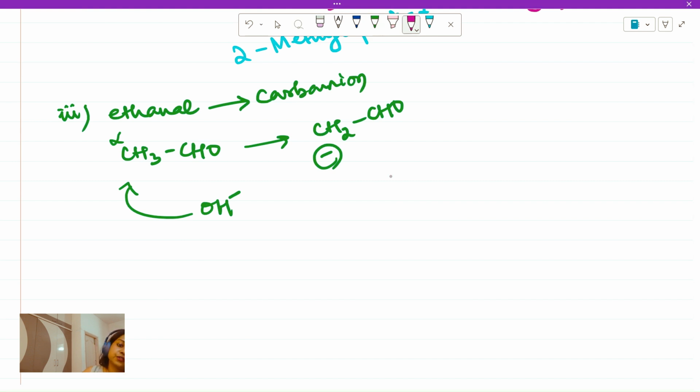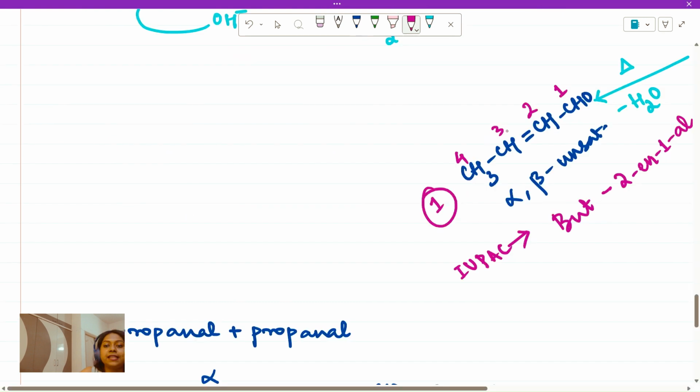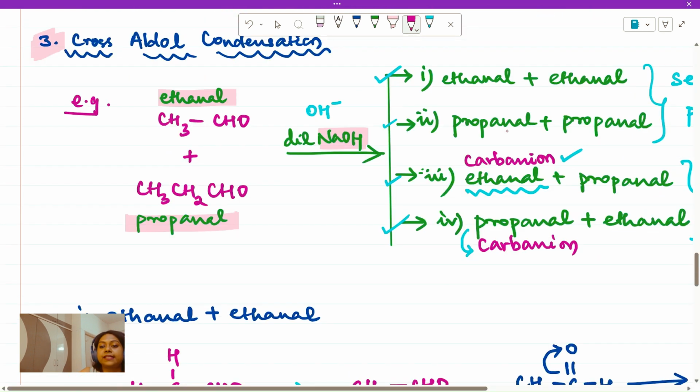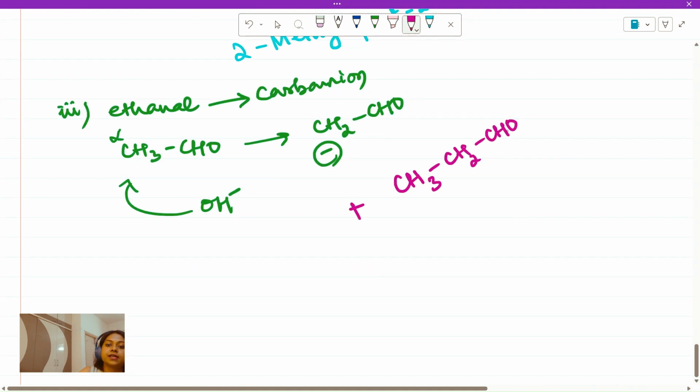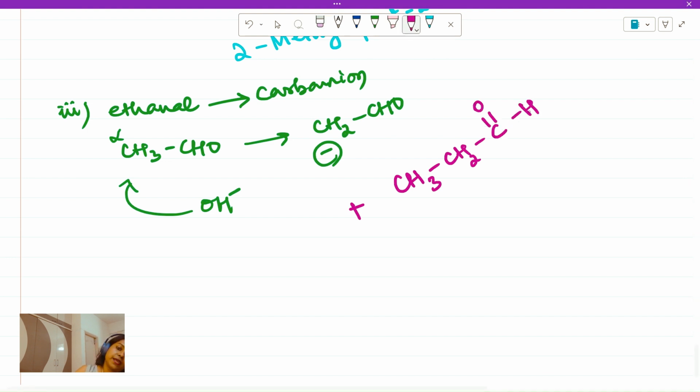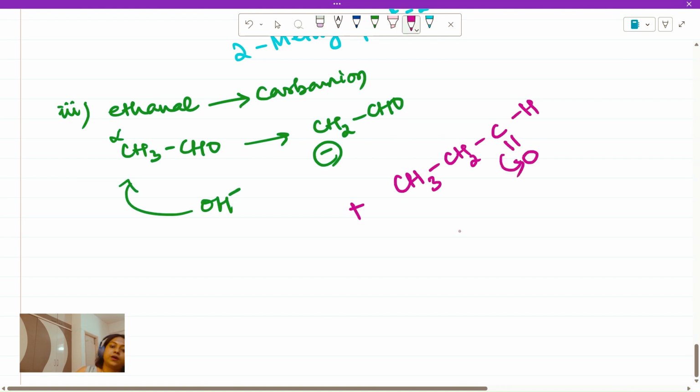And to this we add CH3, CH2, CHO, a molecule of propanal, because we're looking at the crossed aldol of ethanal and propanal. When you take this as C double bond O, one of the double bonds moves to oxygen, carbon gets a positive charge, and this attacks here.